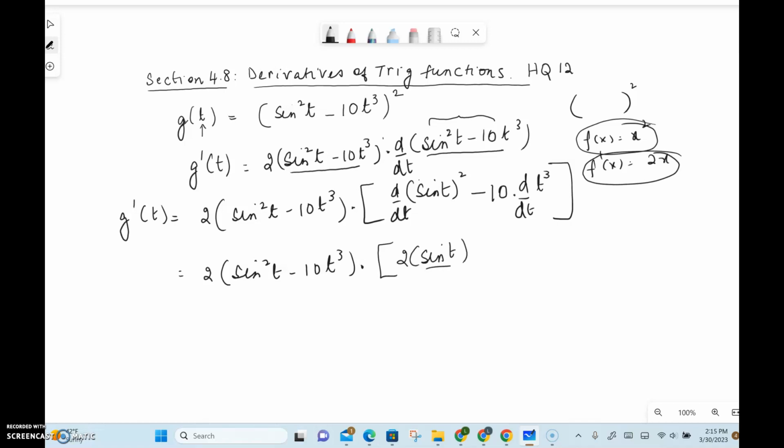Notice that we are differentiating sine t the whole squared with respect to sine t, and that's how we initially get 2 sine t, but we have to go ahead and multiply with the derivative with respect to t of the inner function sine t. That's the chain rule. Minus 10 times d by dt of t cubed is 3t squared. We're almost done except for one more step.